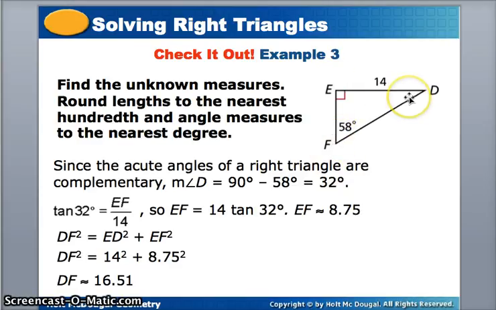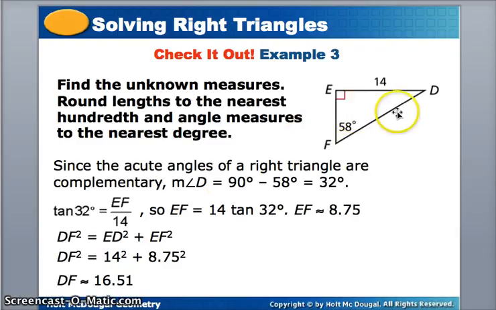We know that the tangent of 32 will be the opposite side over the adjacent. So we can do x over 14 like they did here, except they put EF instead. When you multiply, you get EF equals 14 times the tangent of 32. EF rounded is 8.75.